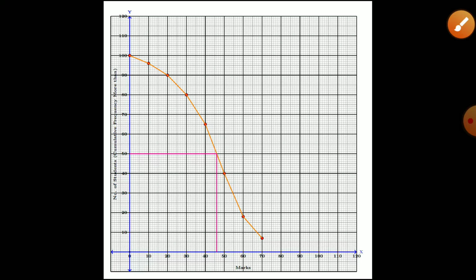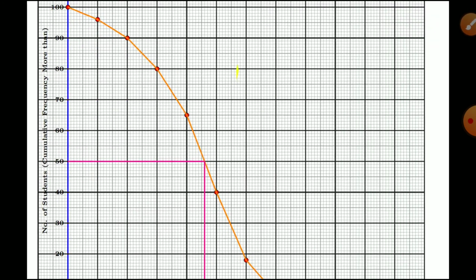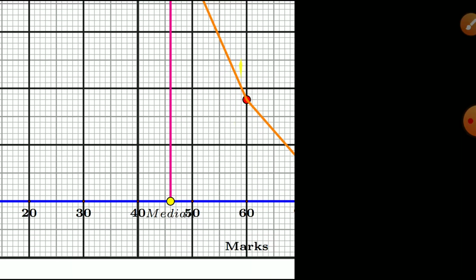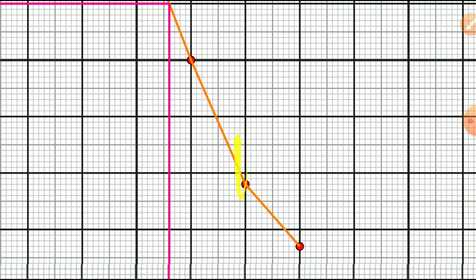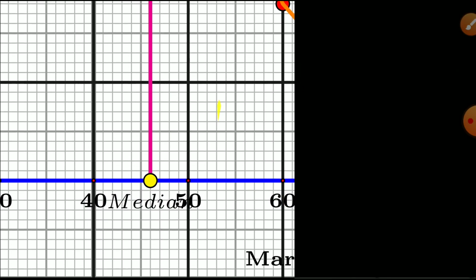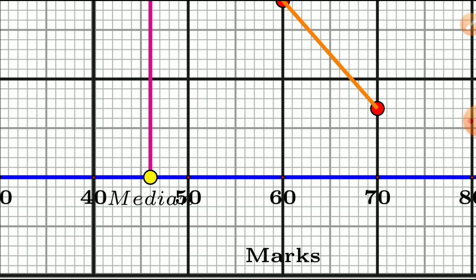So let us drop this. Here, this is the perpendicular we dropped on the x-axis, and the point with yellow color is the median of our data. Can you guess the value of the median?